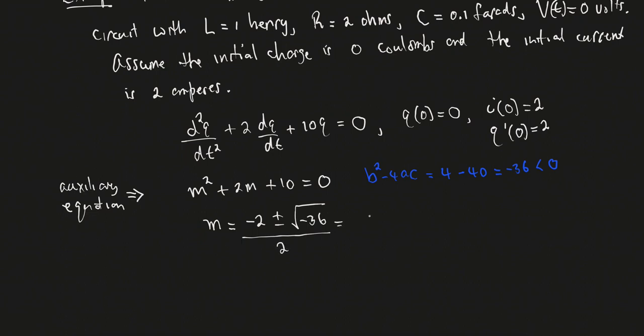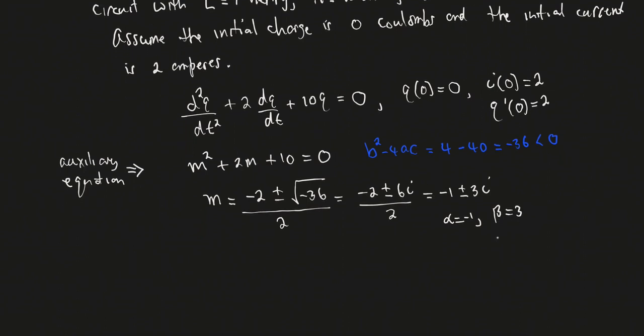So we have negative 2 plus or minus the square root of negative 36, which is 6i, all over 2. So we end up getting negative 1 plus or minus 3i. So we can see our alpha is negative 1, and our beta is 3.